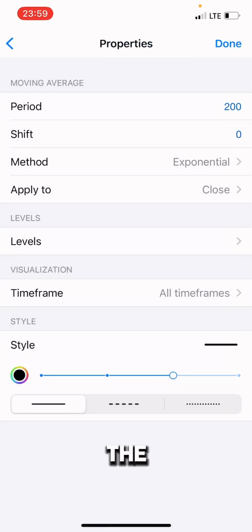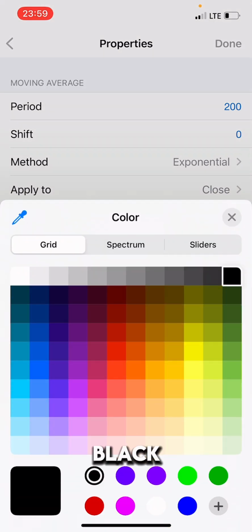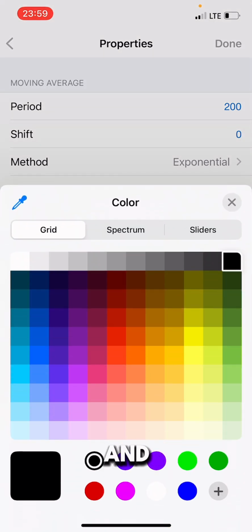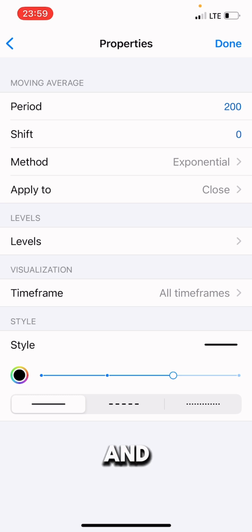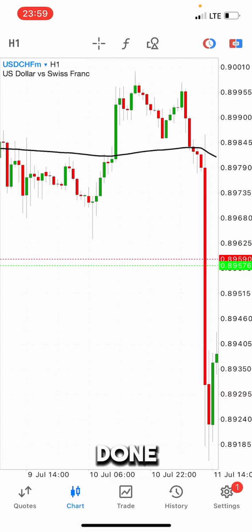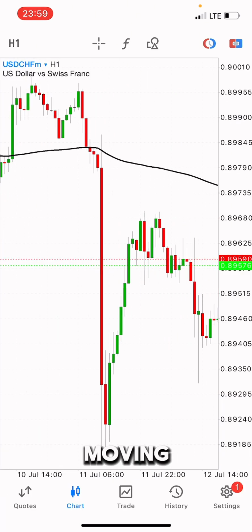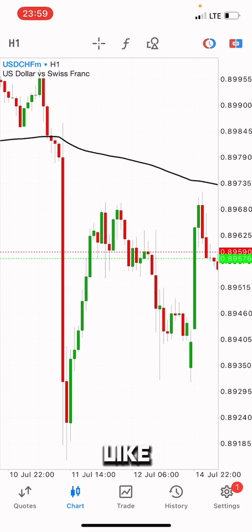Then you leave the levels the way it is, leave it on all time frames, change the style color to black, and leave it at 3 pixel or 4 pixel, and then you click on done. Once you're done, you will see the moving average on your chart like this.